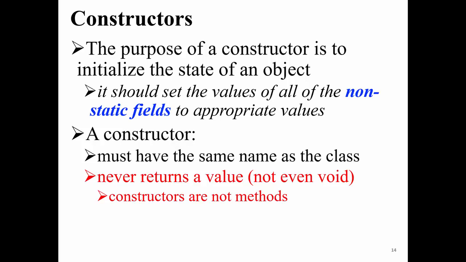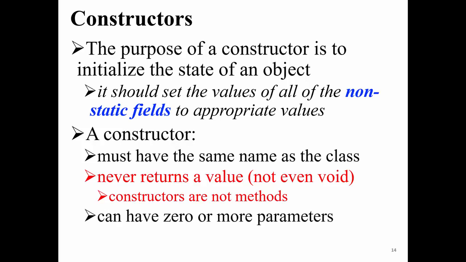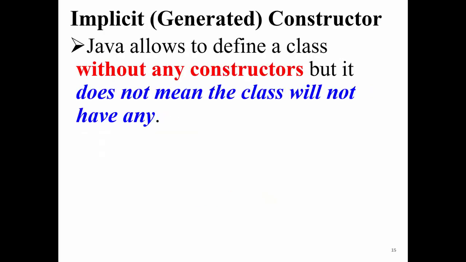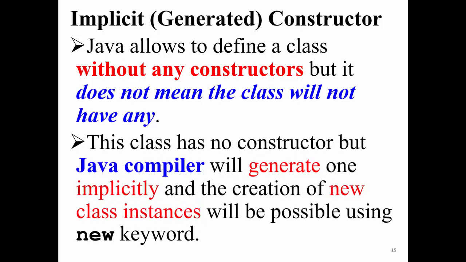Even void is not allowed, so a constructor does not return anything. A constructor can have zero or more parameters. You can have a default constructor where there are no parameters. Implicit constructors are generated automatically. If you provide a class and you didn't provide a constructor for that class, Java will give you one default constructor free of charge.